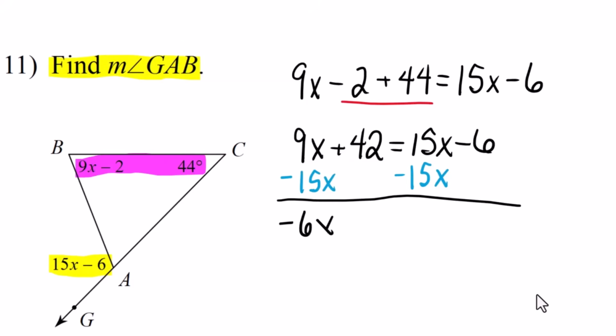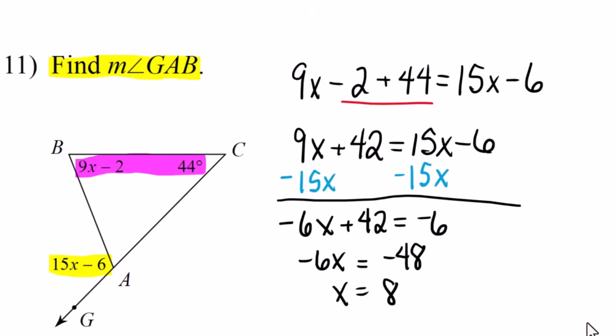I don't know why I'm in the mood to just subtract the biggest one, so I end up working with negatives. I usually don't, but okay. I think I just wanted to keep my x over here on this side. Let's subtract the 42 from both sides. I did that in my head. So I now have negative 6x equals negative 48. Divide by negative 6, and we end up with x equal to 8.